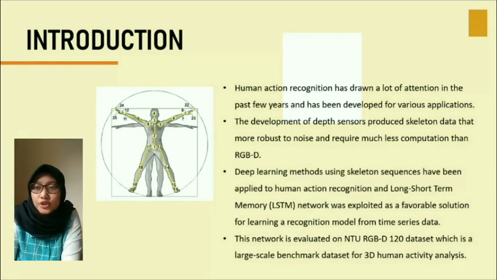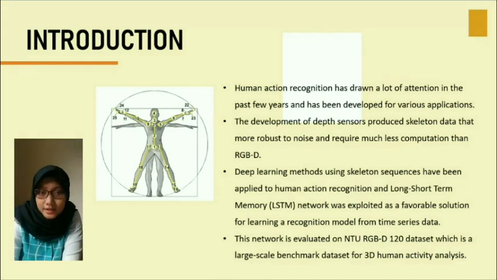It is also used to model time series data. This LSTM network actually learns the previous information. So the information from current skeleton sequences and the previous skeleton sequences are combined with the memorized knowledge to provide an action label at each timestamp.